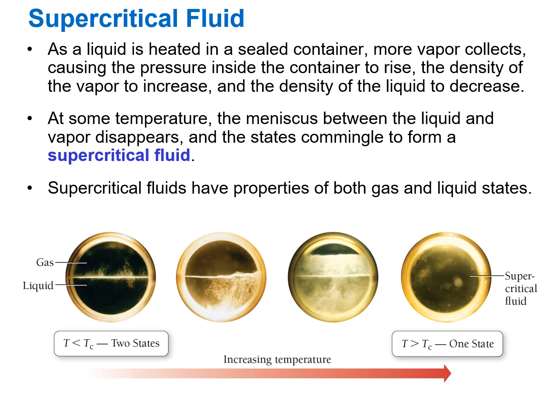And the pressure and the temperature at which that happens, where you achieve supercritical fluid, that's going to be your critical temperature and your critical pressure. And the interesting thing about supercritical fluids is that they have properties of both the gas states and the liquid states.